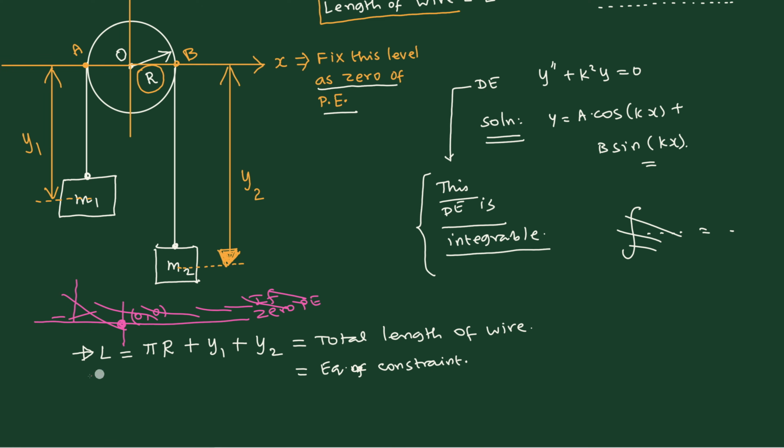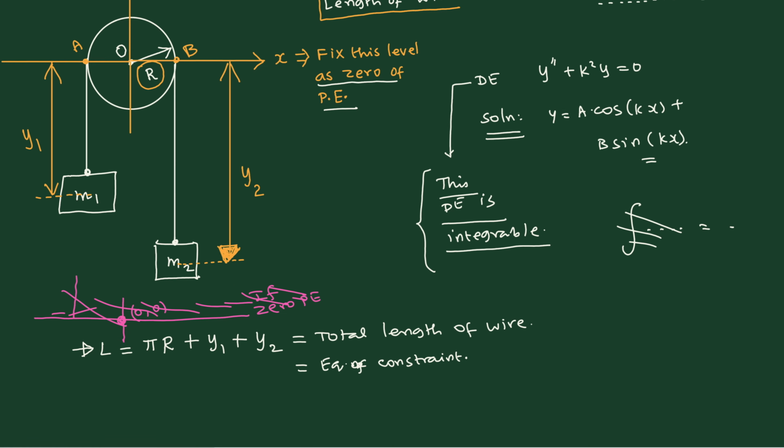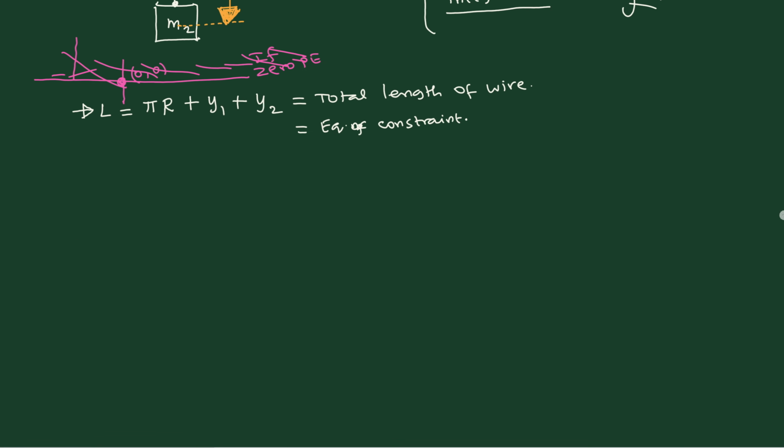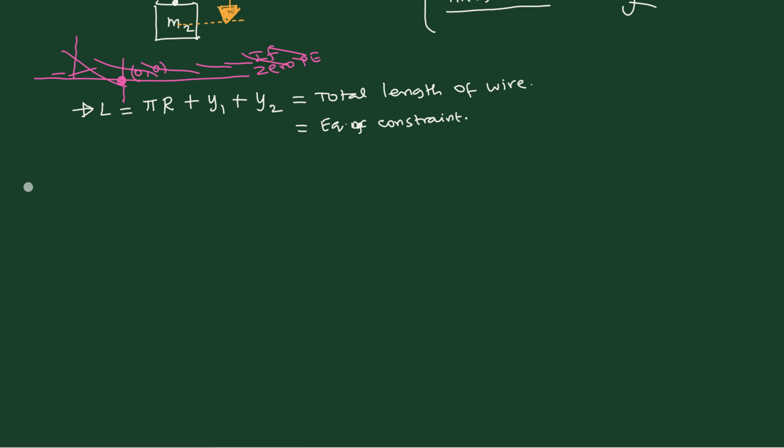So let us now continue. We have now completed the equation of the constraint. Now let us write down the kinetic energy and the potential energy of the system. Then we can write down the Lagrangian. Now since we have this expression, we are going to use the Lagrangian equal to T minus V, where capital T is the standard symbol for the kinetic energy.